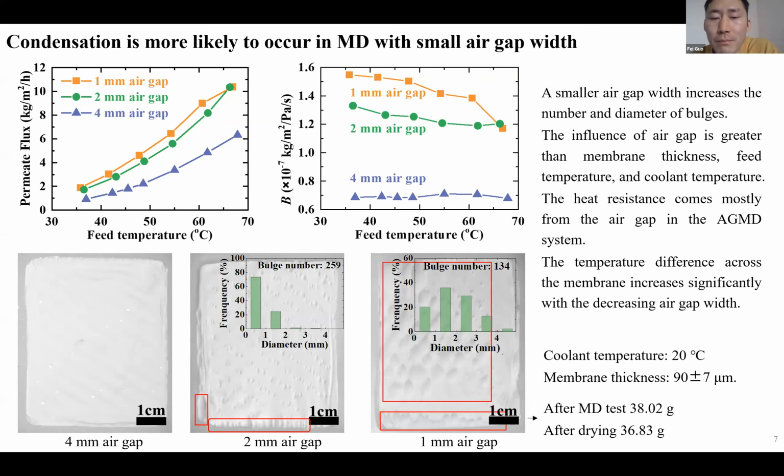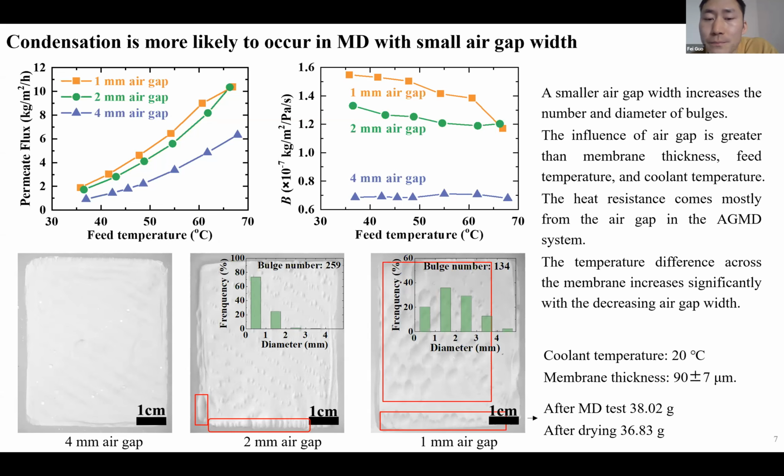That may happen, but when we stopped our experiment, we took the membrane module out and weighed the membranes, and we found bulges on the membrane surface. That may happen when we stop the MD process, as the conditions change significantly. That may cause condensation inside the pores. But we did another experiment with electrospun membranes.